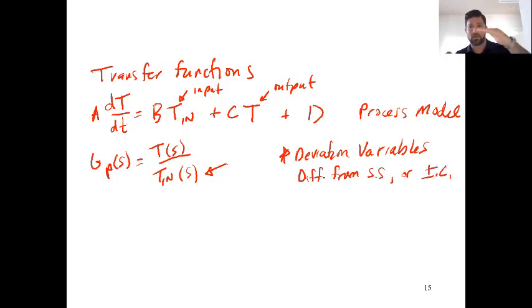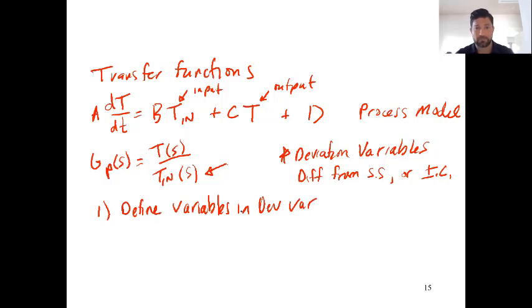So a process is operating here, and the input to the process is staying here, and then there's a change in the input, and it tells us how the output of the process responds to that input change. So it's in terms of deviation variables, and we defined the variables as deviation variables.